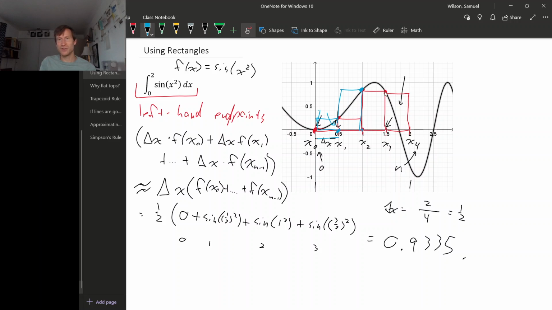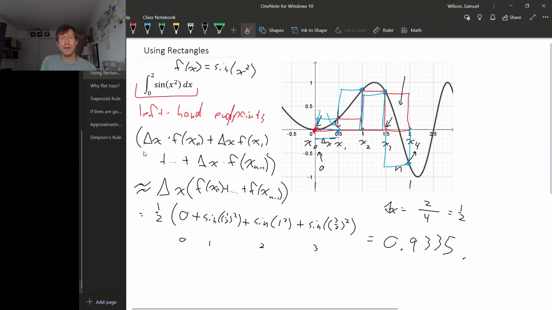For the next interval, the right-hand endpoint is at 1.5, and so our rectangle is like this. And then for the last rectangle, our right-hand endpoint is at 2. The function is all the way down here, it's negative, and so our rectangle is negative like this.